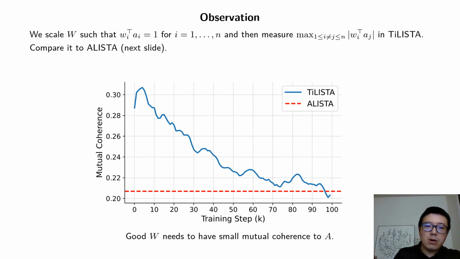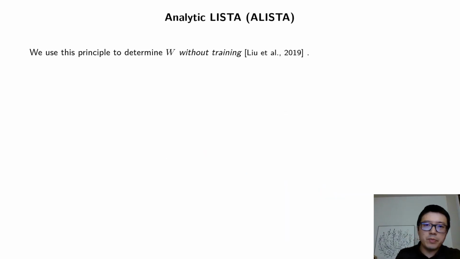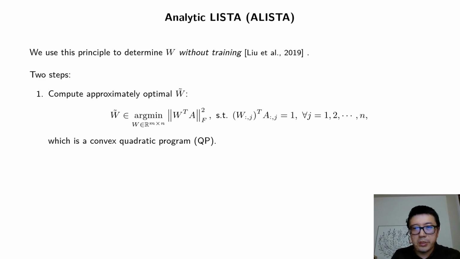And that is called A-LISTA, where A stands for analytic LISTA, a new paper that we published in ICLR, which received one of the best review evaluations there. A-LISTA basically determines W without training.